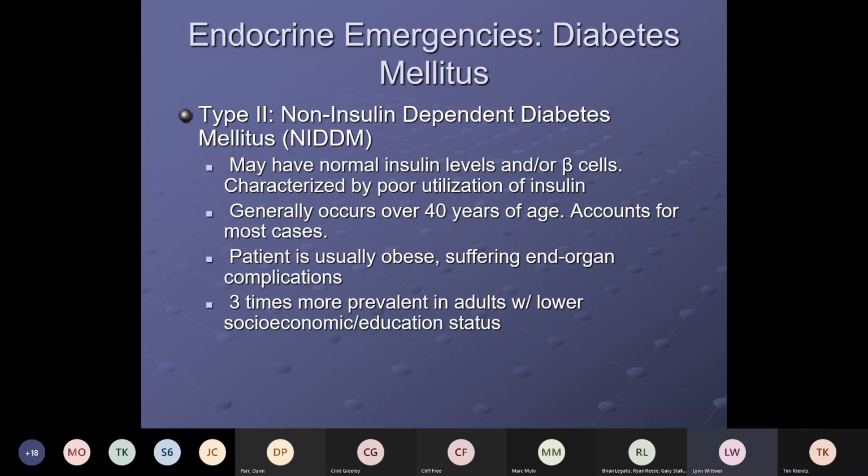And they usually are suffering end-organ complications, which makes it even more of a problem to manage or treat their type 2 diabetes. It is a disease of lower socioeconomic and educational status, 3 times more prevalent, probably related to all sorts of things, diet, etc.